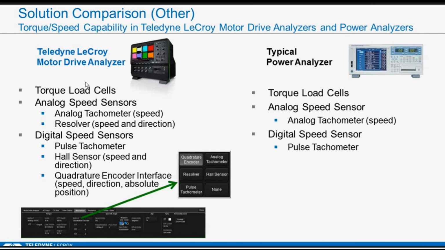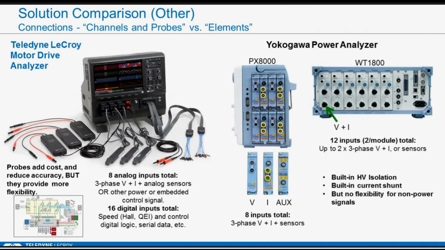One thing I mentioned is we have the ability, and I'll show this in some of the slides, we can integrate as a speed sensor a quadrature encoder or a resolver or a Hall sensor, and that's typically not possible with a power analyzer.